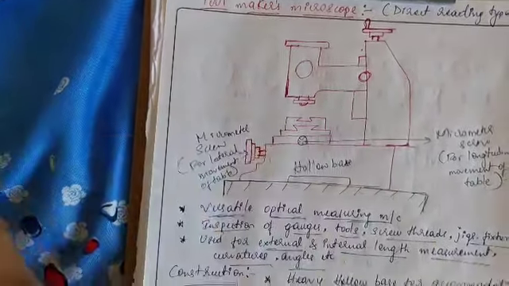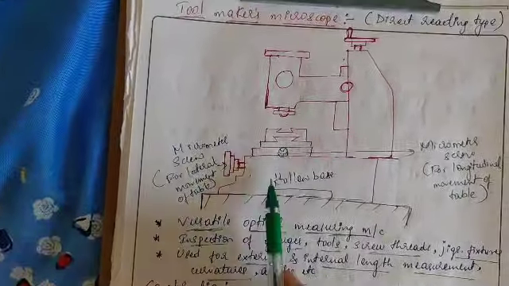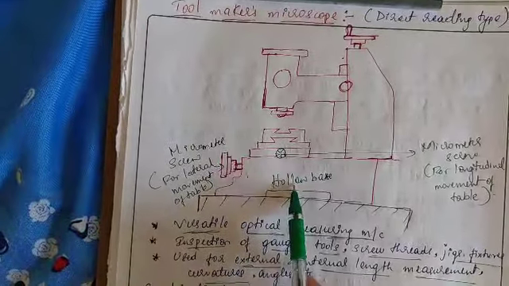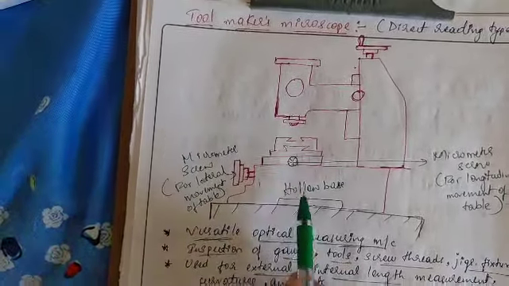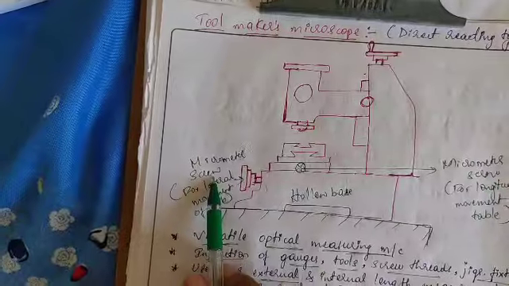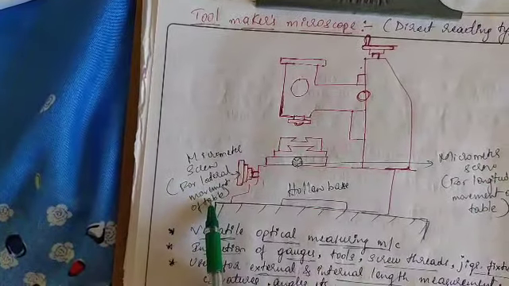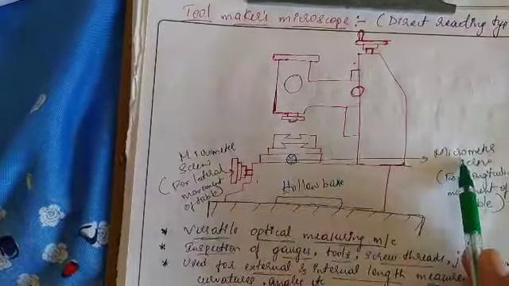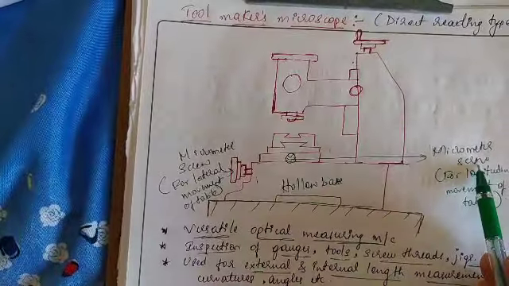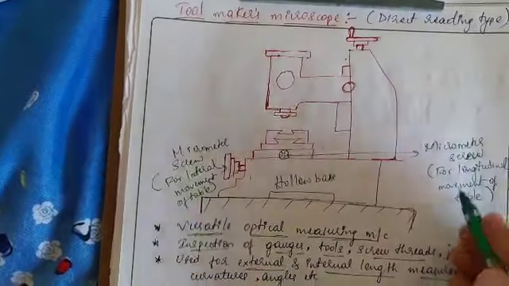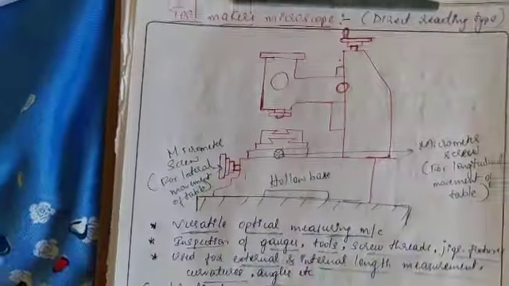The table is mounted on the base, that is the cross slides, and it is equipped with micrometer screws. One is here for lateral movement of the table, and another screw is here for longitudinal movement of the table.